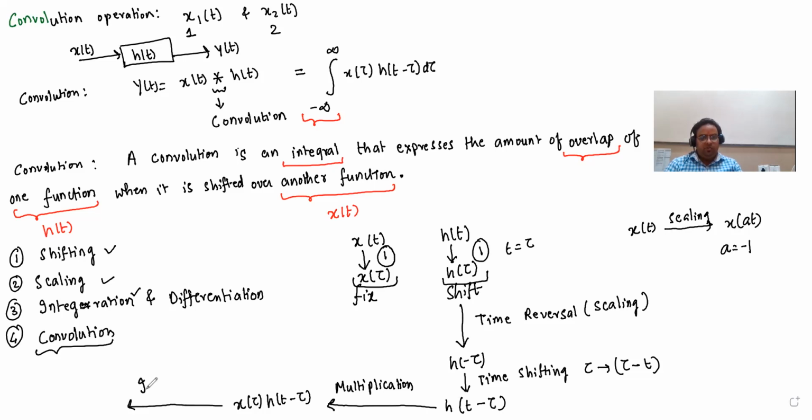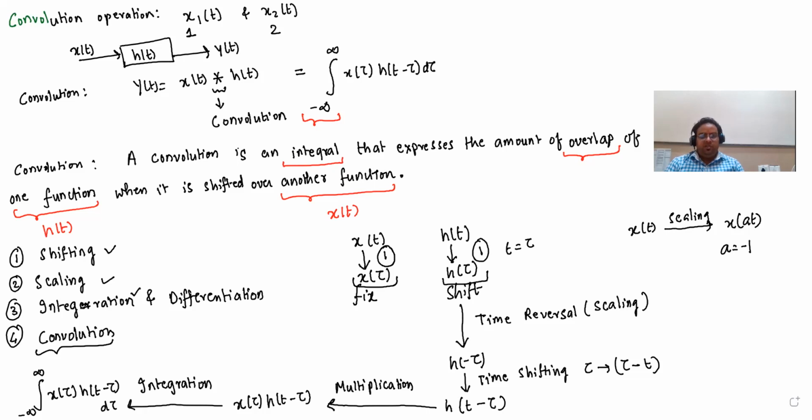The last operation we do is integration. And when we do the integration, we get here the integral of x of tau, h of t minus tau, d tau from minus infinity to infinity. Okay. This is the entire convolution operation that involves the application of shifting, scaling, integration, multiplication.